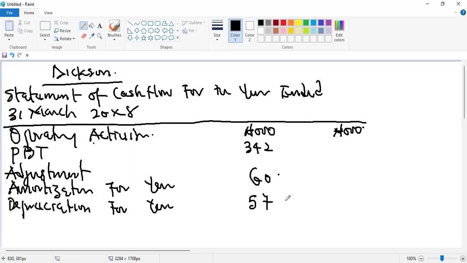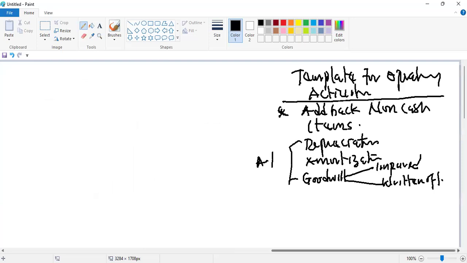That's all. Second thing on the template. This is one.